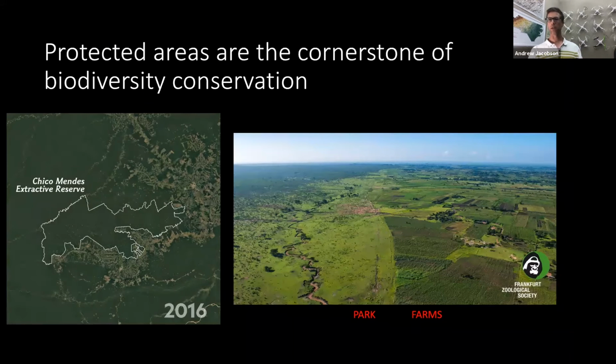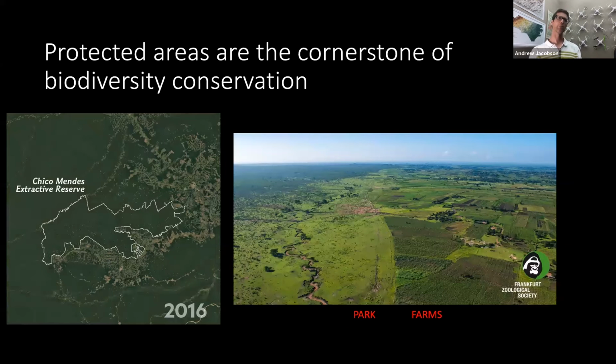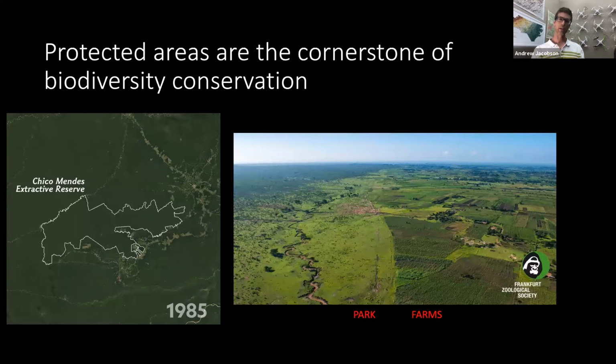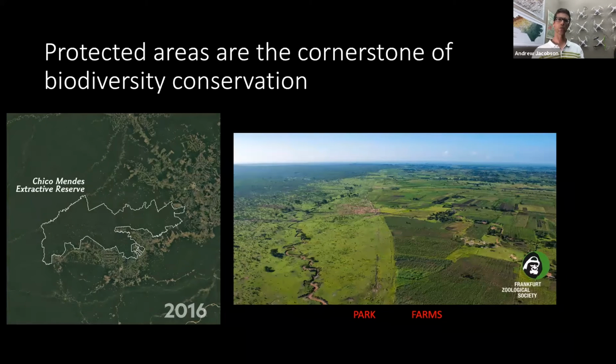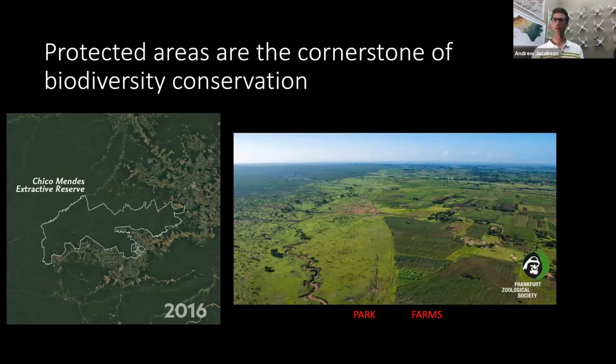Protected areas, like parks and national parks, are the cornerstone of biodiversity conservation efforts, of efforts to protect our natural world. Protected areas can take many different forms, from complete exclusion zones where humans are not allowed at all, to places like indigenous peoples' lands where people are meant to live.